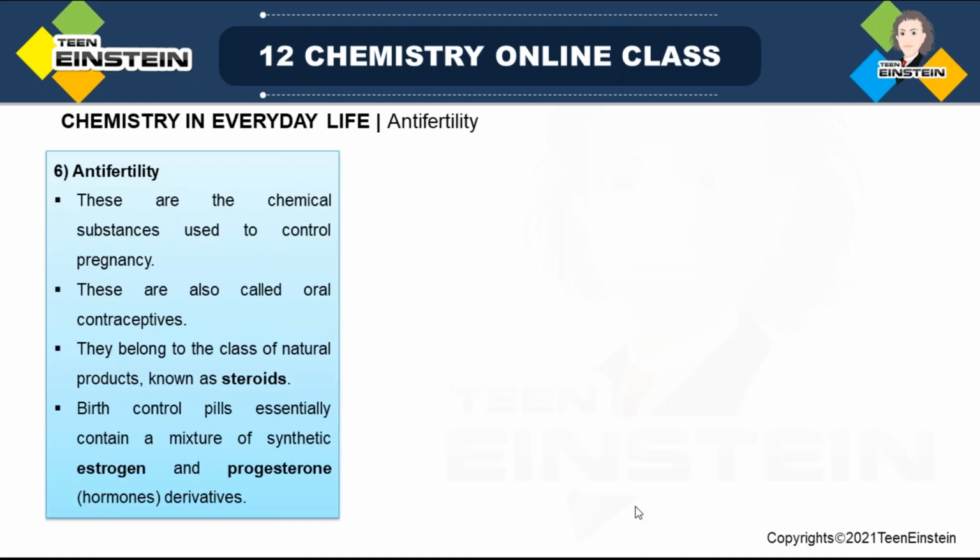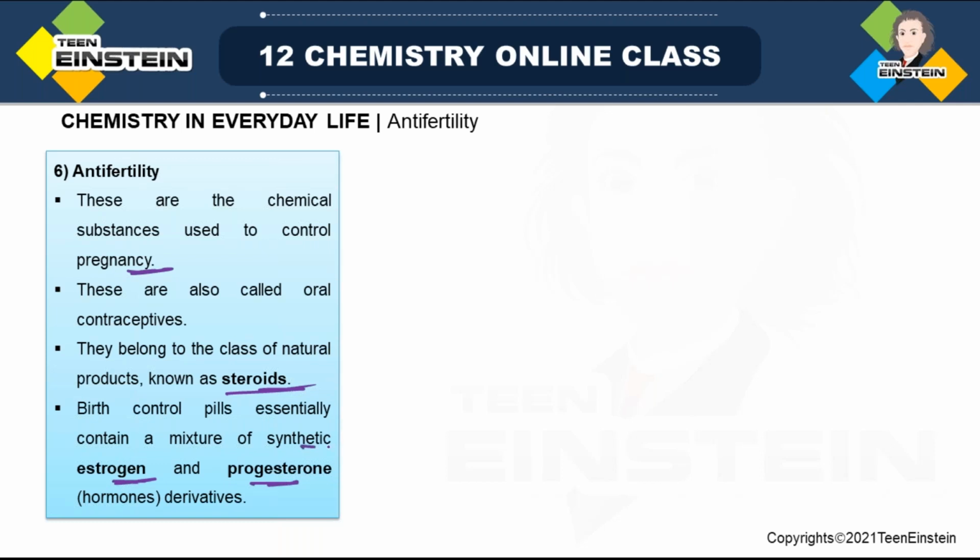The sixth type, antifertility. These are the chemical substances that are used to control pregnancy, and they are also called by another name, which is oral contraceptive. Now, if we see their structures, they belong to the class of natural product which is steroid. It has a very large structure, and birth control pills essentially contain a mixture of these two hormones.